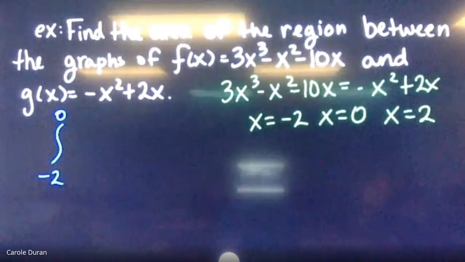To find out which function is on top, I'm just gonna pick a number between -2 and 0, and plug it into each of those functions to see which gives me the larger value. So let's pick -1, that's an easy one.